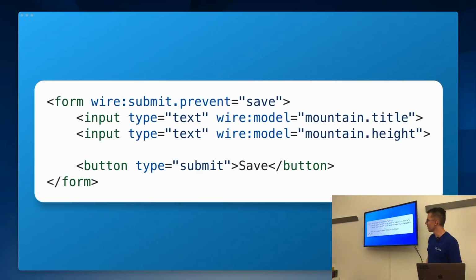As you can imagine, it tells LiveWire what should happen if you submit the form. The prevent modifier here prevents the site from being reloaded, which is the default behavior of HTML forms. And with save, we tell LiveWire what should happen.